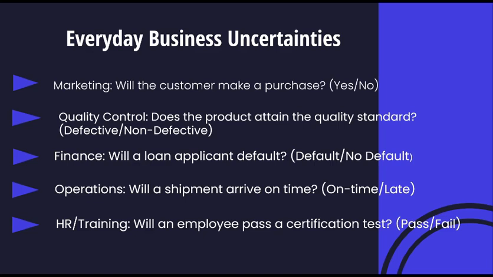But many a time you might have experienced that the product does not reach you on time. So whether it will be late or on time, that is an example of a binary variable concerned with operations.